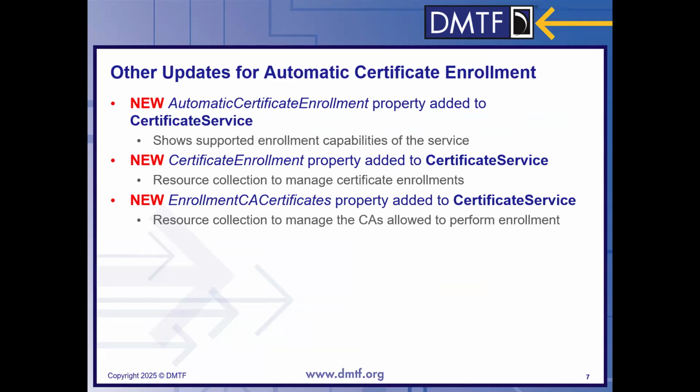We've added that automatic certificate enrollment property to certificate service, the new pointer from certificate service to the certificate enrollment resources. And then there's also the enrollment CA certificates property. So there's a new certificate collection underneath certificate service to show you the allowed CAs that can be used for automatic certificate enrollment.